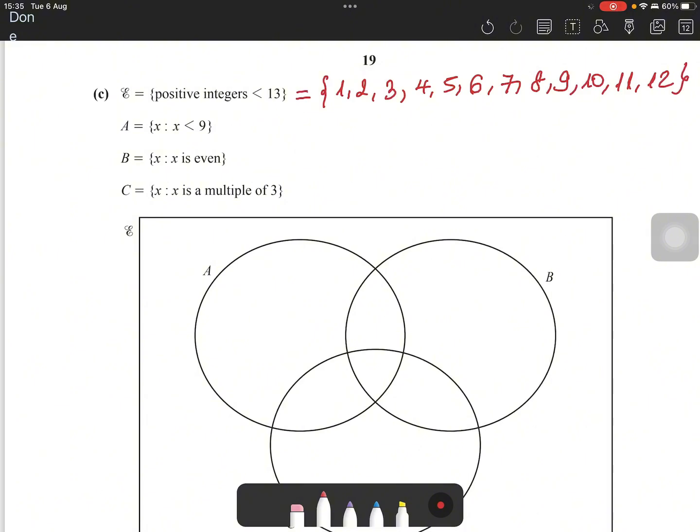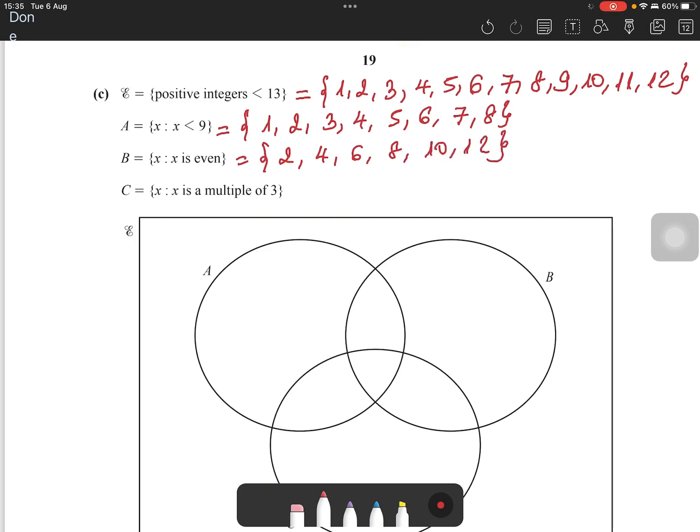A is a set that is smaller than 9, so it is 1, 2, 3, 4, 5, 6, 7, and 8. B is a set of even numbers, so B includes 2, 4, 6, 8, 10, and 12. C is a set of multiples of 3, so it consists of 3, 6, 9, and 12.